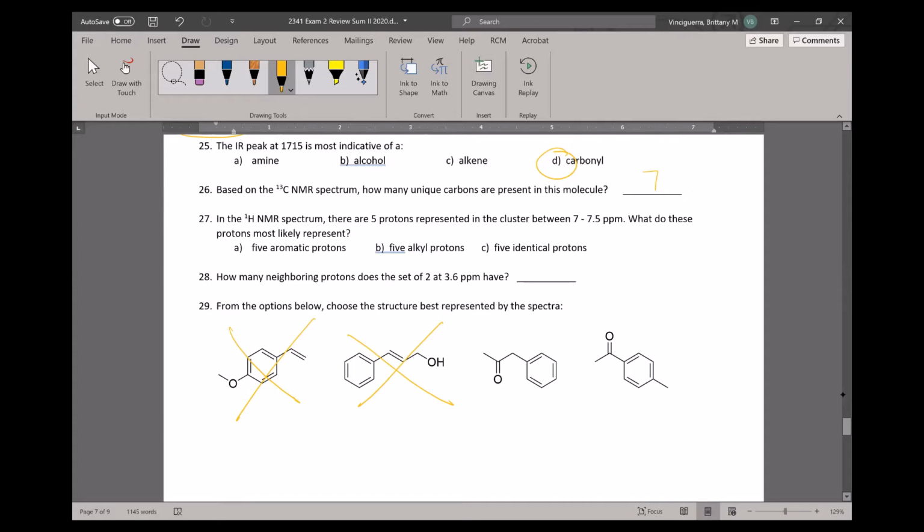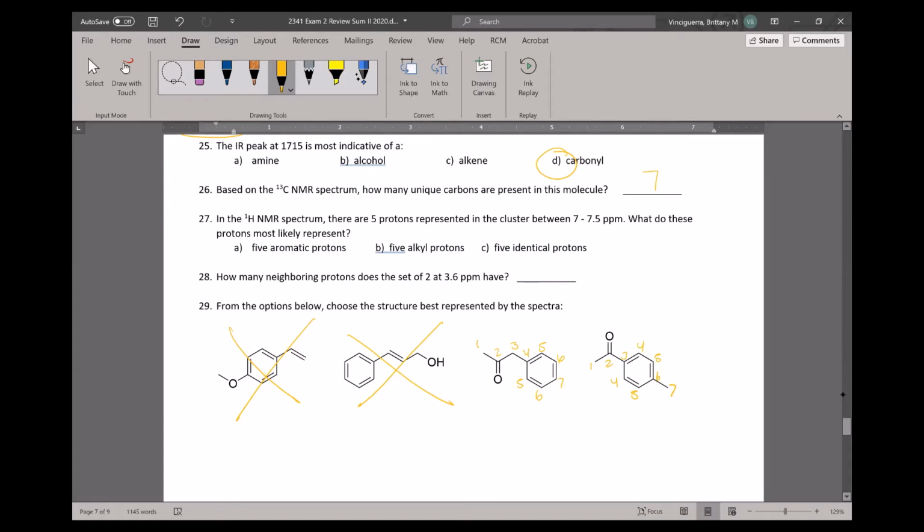We have 7. 1 for the methyl, 2 for the carbonyl, 3 for the methylene carbon, 4 for this one, 5. There, yeah, it's the same across, right, except for the last one. 2, 3, 4, 4, 5, 5, 6, 7. All right, so that doesn't help us.